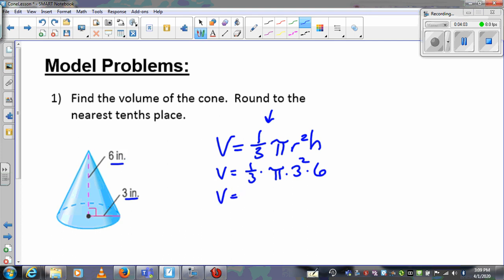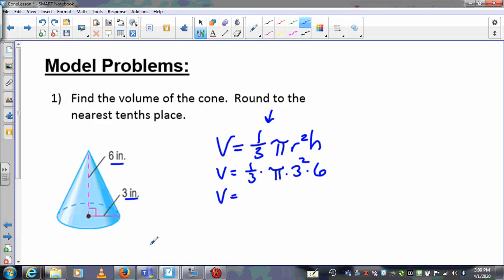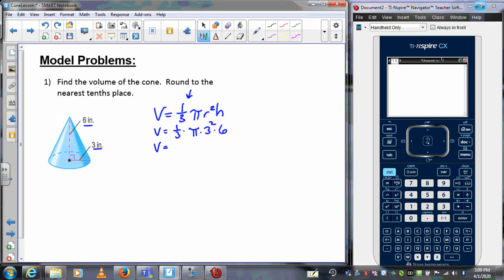All right, I'm going to have to punch this in my calculator here. So for me, this is going to be a little tricky. So what I think I'm going to do is type in 1 divided by 3 and hit enter. You might want to do that too, depending on the calculator you have. If it doesn't have very good fraction functions, just do 1 divided by 3 and hit enter.